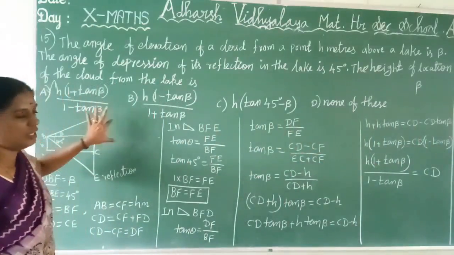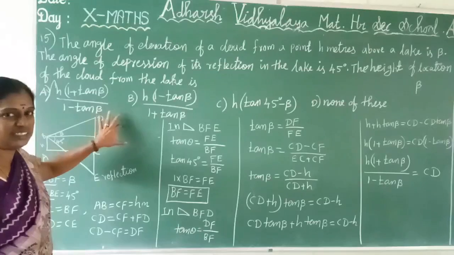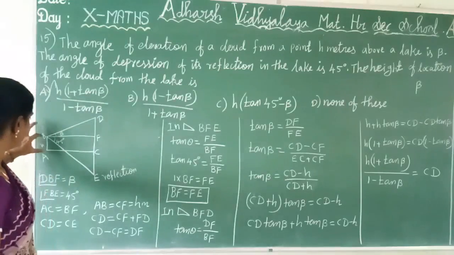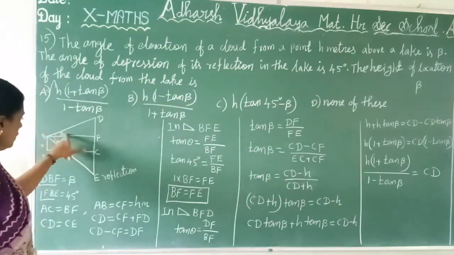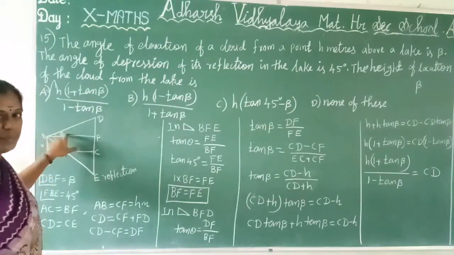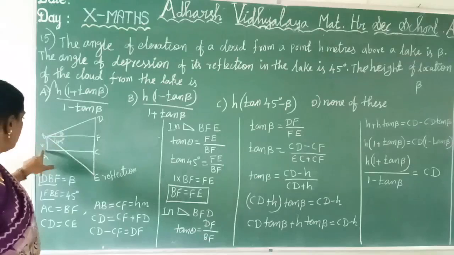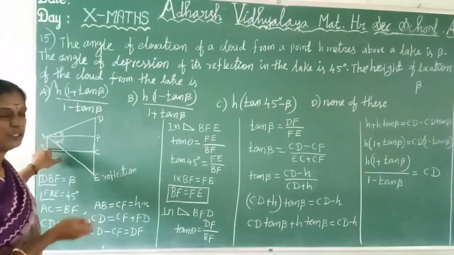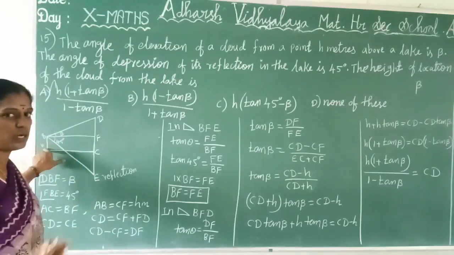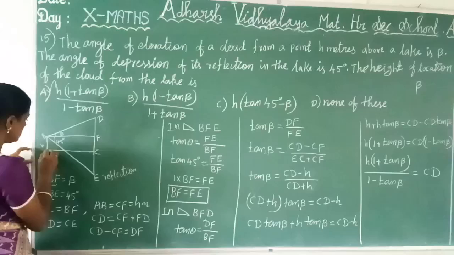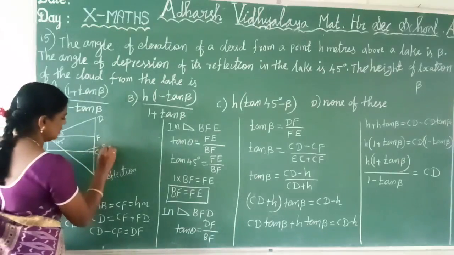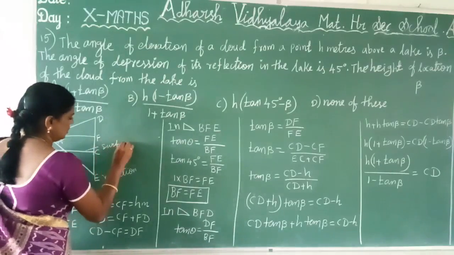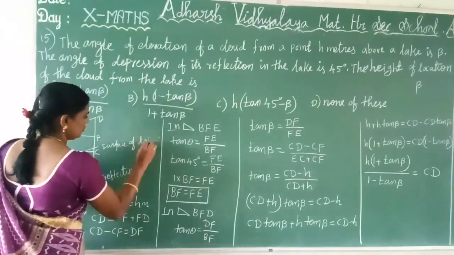The same model, the value was given in that exercise, but here the value is not given. Instead of that angle, here it is given as beta. And here also some distance is given, but it is h. So you want to do the same model. Here AC is the surface of the lake.